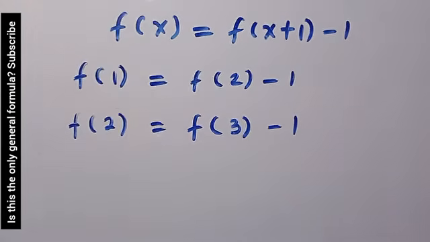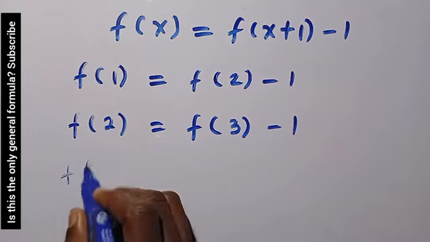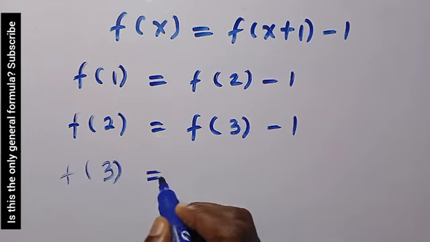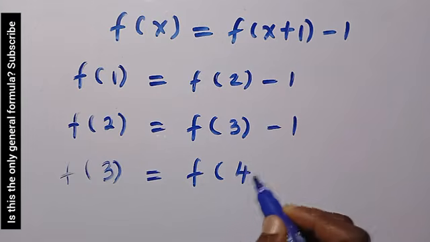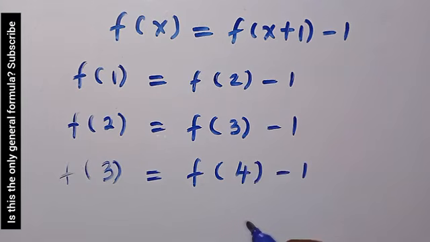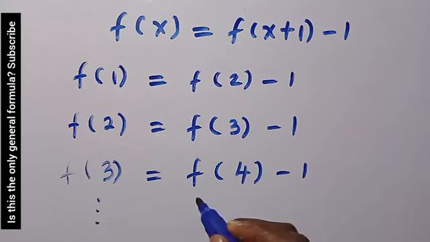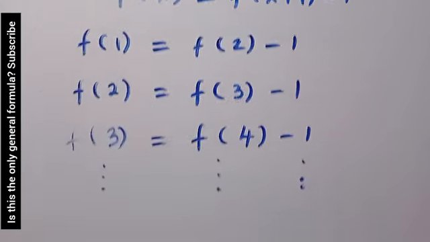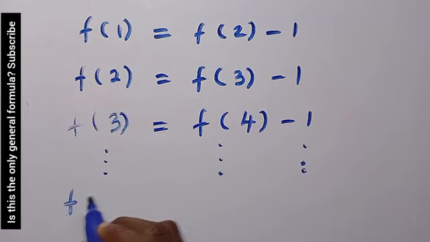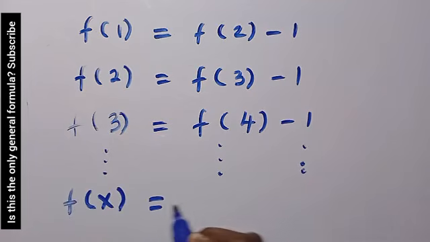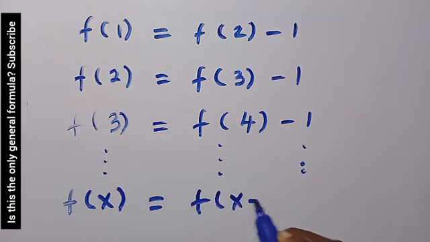And if x equals 3, we have f of 3 equals f of 4 minus 1. This is how we keep going till we are tired. But let me just stop at this stage and give a conclusion that all these satisfy the formula above, which is f of x equals f of x plus 1 minus 1.